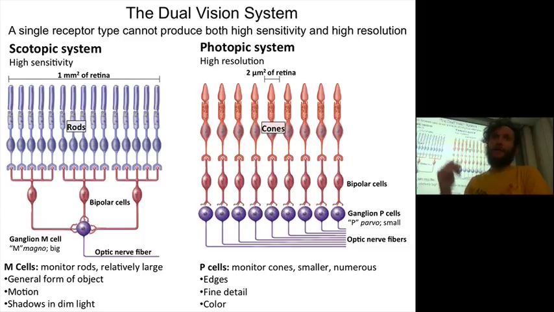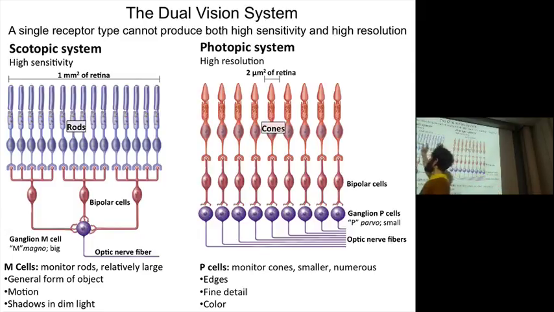Because of that, a photon falling anywhere within that area is going to set this neuronal tree off, this neuronal pool. So we have many, many rods that come down, they converge.